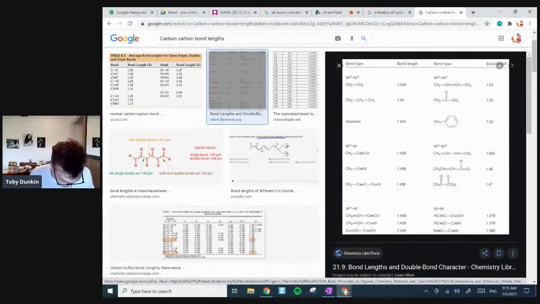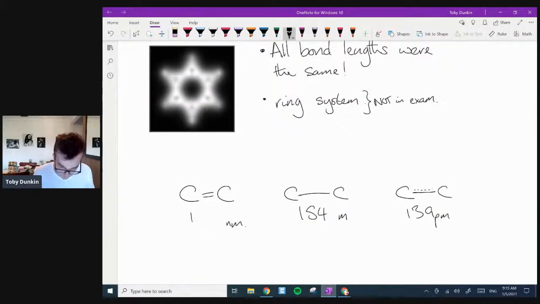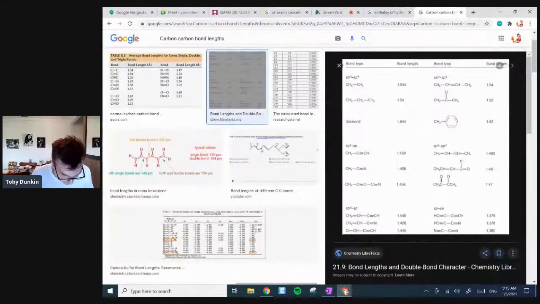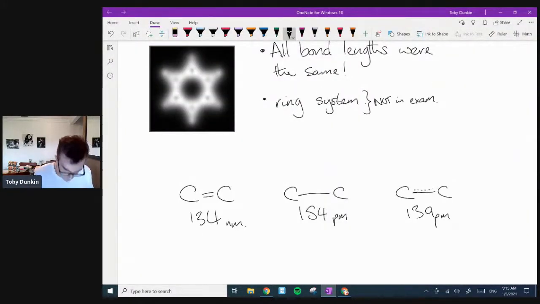So it's giving me a nightmare of numbers. Don't like it. Single bonds, 154 picometers. Right. 154, that's correct, but it is picometers. 154 picometers. Next, the double bonds are 134. Okay. So these ones are 134 picometers.